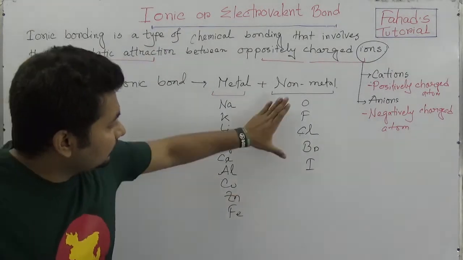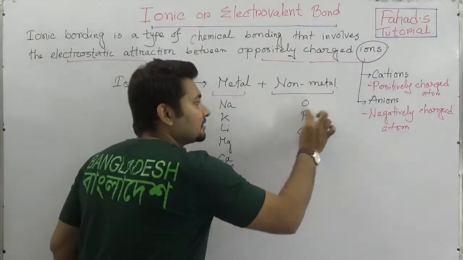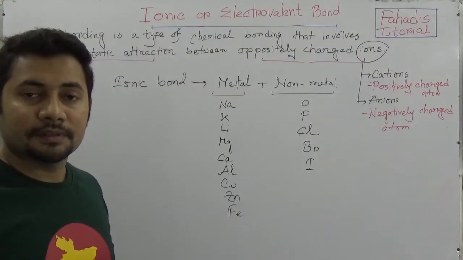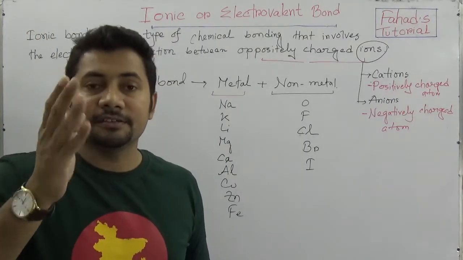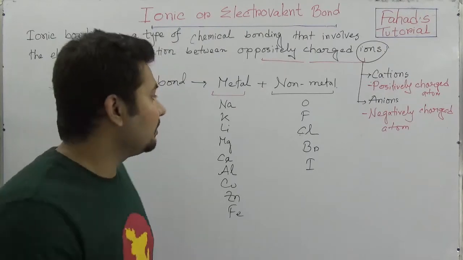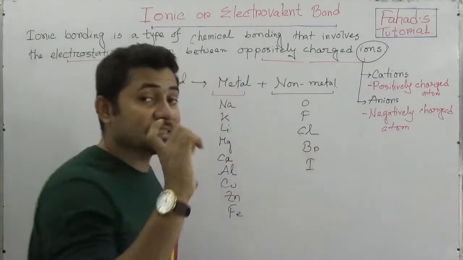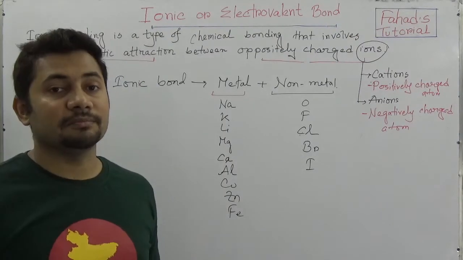Now think about the electron configuration. Oxygen has 6 electrons in its outermost shell, but chlorine, fluorine, bromine and iodine, as their group number is 17, have 7 electrons in their outermost shell.